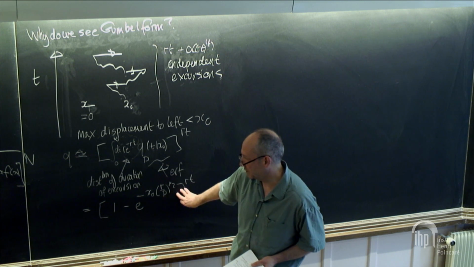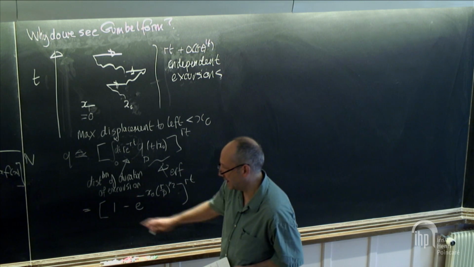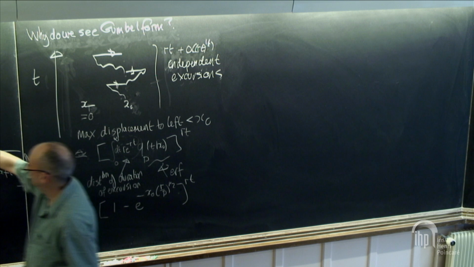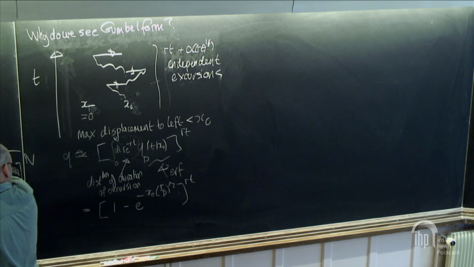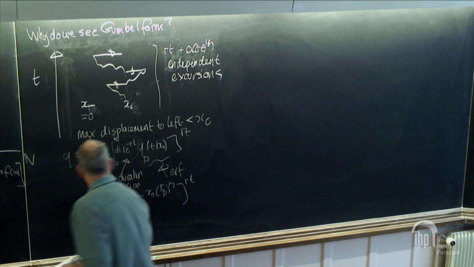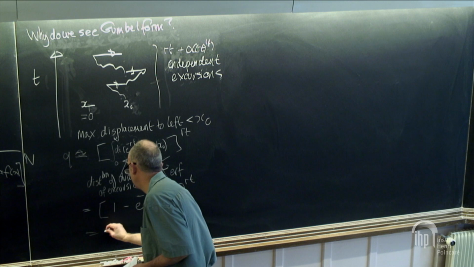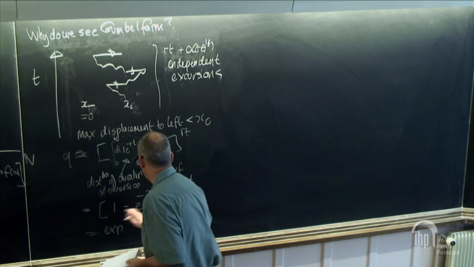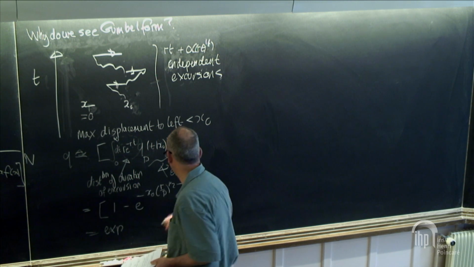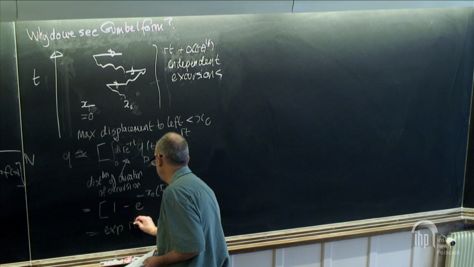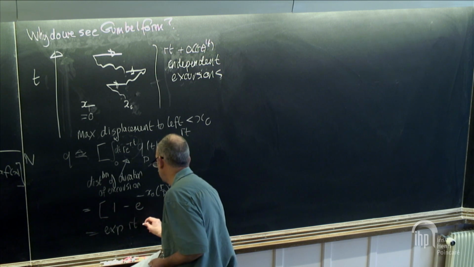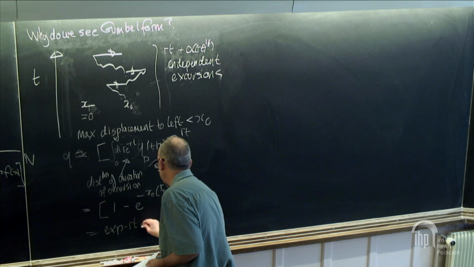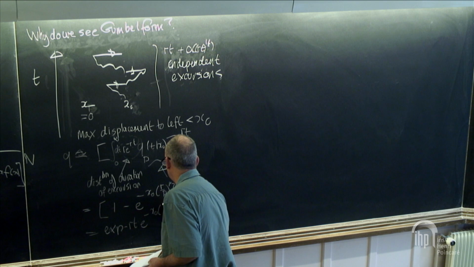And that coincides with the exact asymptotic that we... okay, when we take the log and exponentiate, I get exponential RT, and then I expand this, I get minus e to the minus x naught r over d to the half.